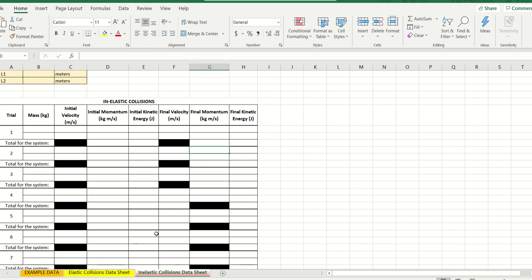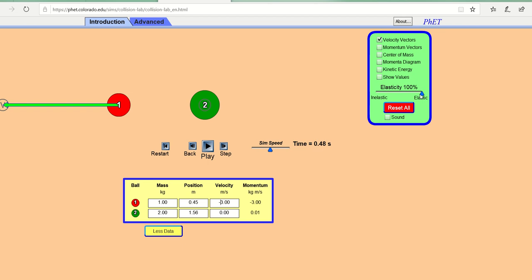Now, when you get to inelastic collisions, everything works the same way. But what you'll see is that when you calculate the initial momentum and final momentum, you use all the same formulas, and the initial momentum is going to be equal to the final momentum. So for the inelastic, you have to remember to change this dial down to 0 when you start doing this.